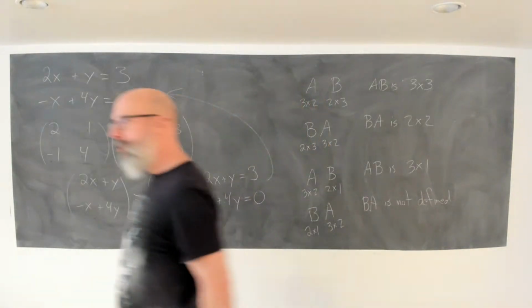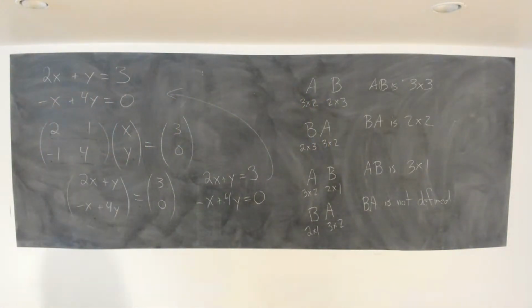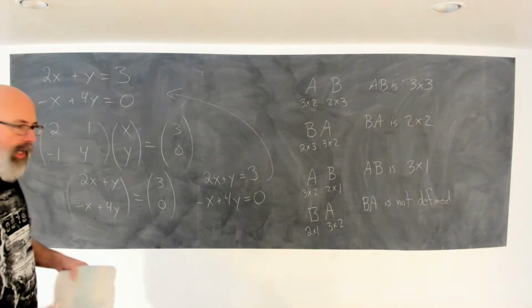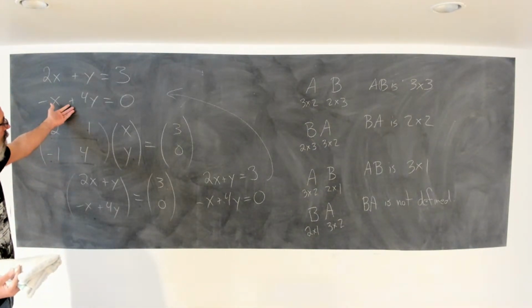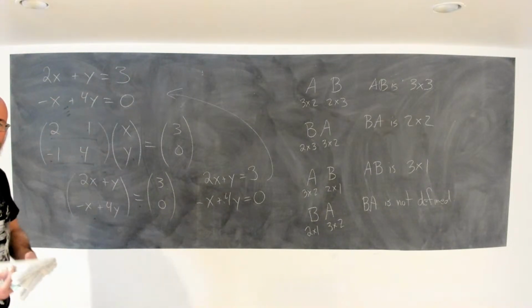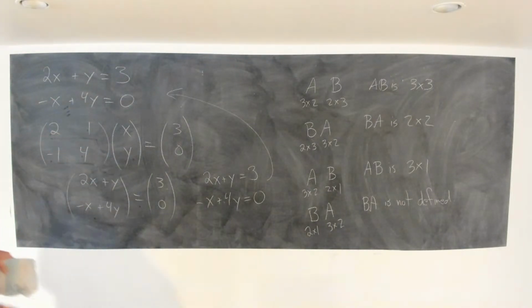So via this nice way of defining multiplication, we can transform a system of equations into a matrix equation, right?